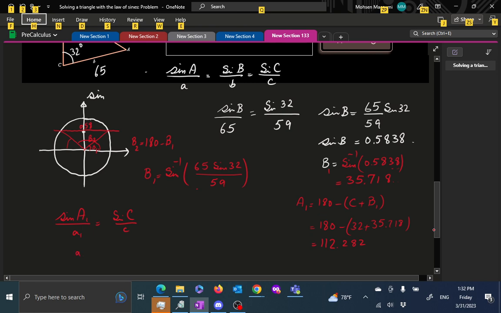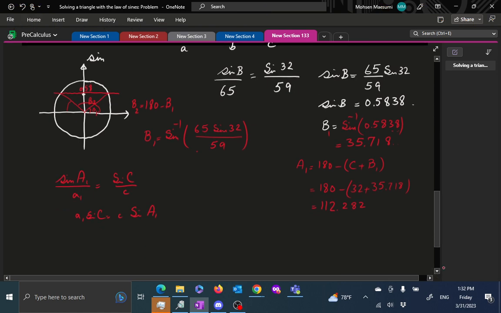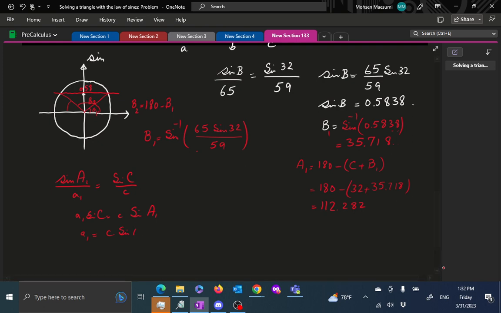So little a1 becomes, I multiply by sine of C: little a1 sine of C is equal to little c times sine of the angle A1, and out comes a1 is c sine of A1 divided by sine of C. So again, we need to use the calculator quite a bit in this problem. So let me go ahead and enter it on my calculator.